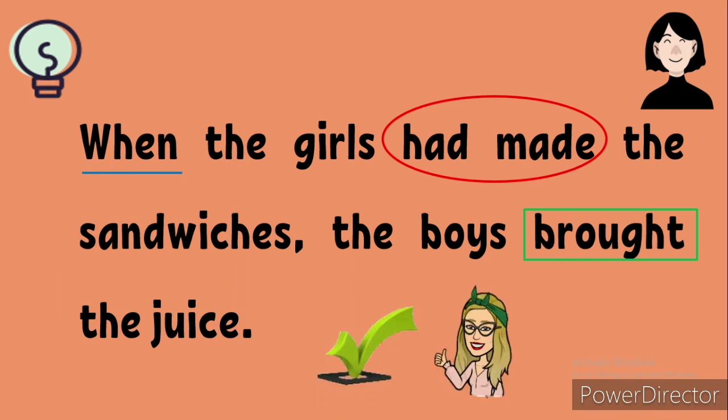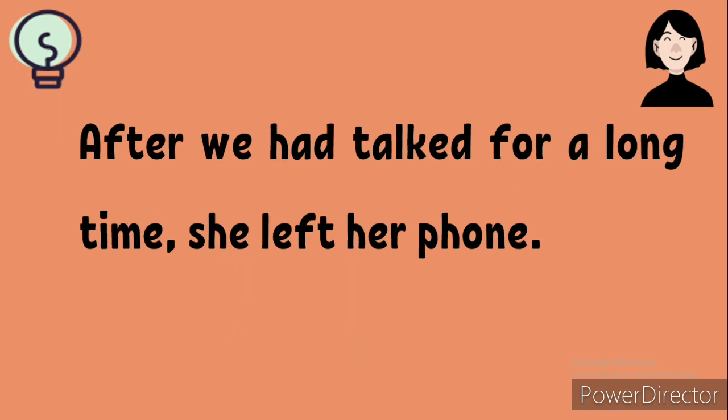Very good. Next, let us have the next sentence. After we had talked for a long time, she left her phone. Which is the verb phrase in the past perfect tense? Very good. So we have here had talked: had plus the past participle of the verb talk, which is talked. How about the simple past? Very good.